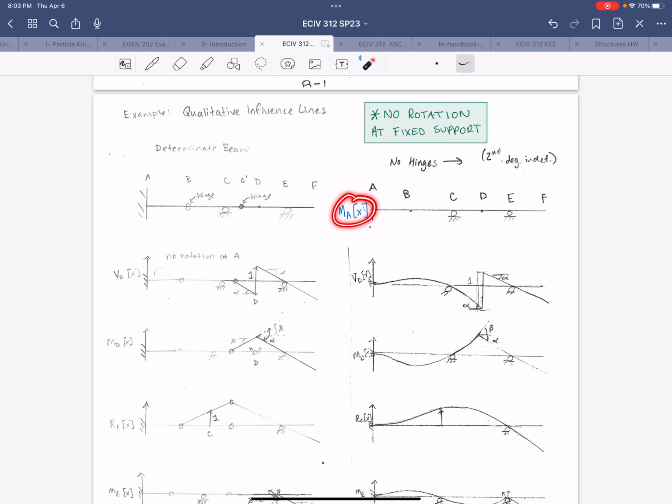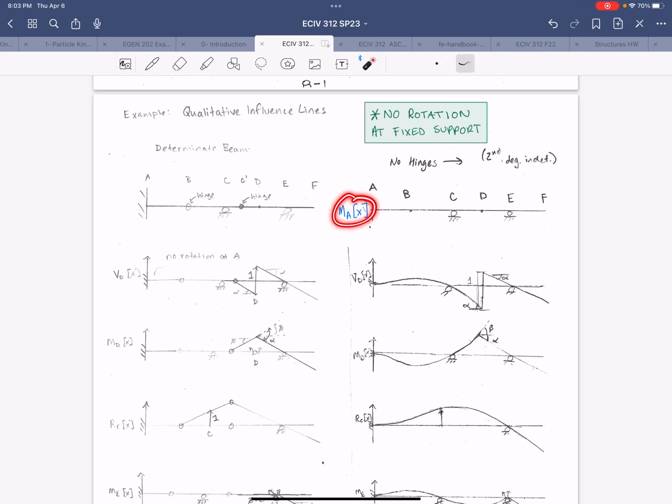You'll see all of these other influence lines for this beam have zero slope at A. And in the determinate version of the beam, which is a similar configuration just with two hinges added, it's similar, except you have straight line segments.